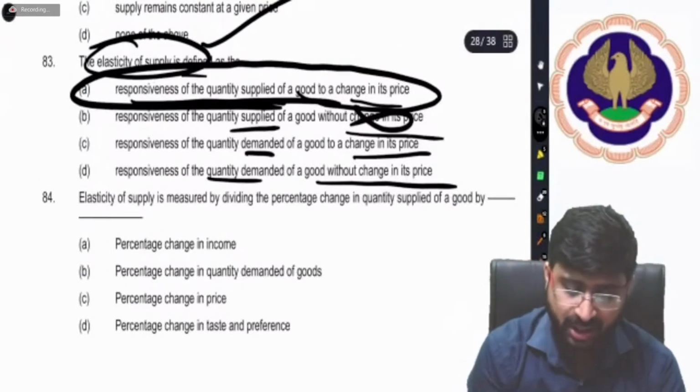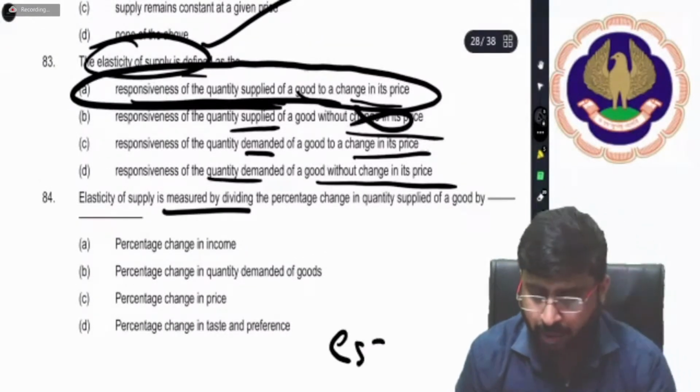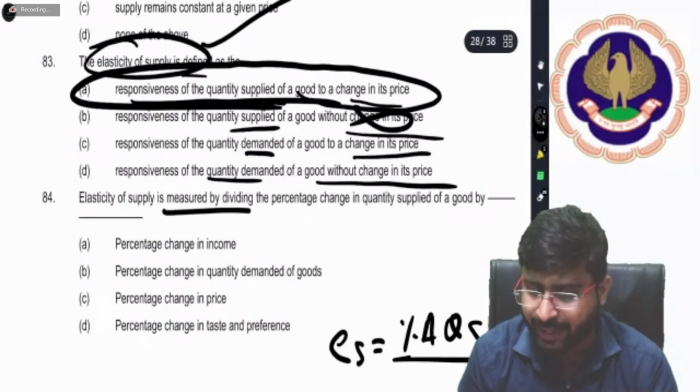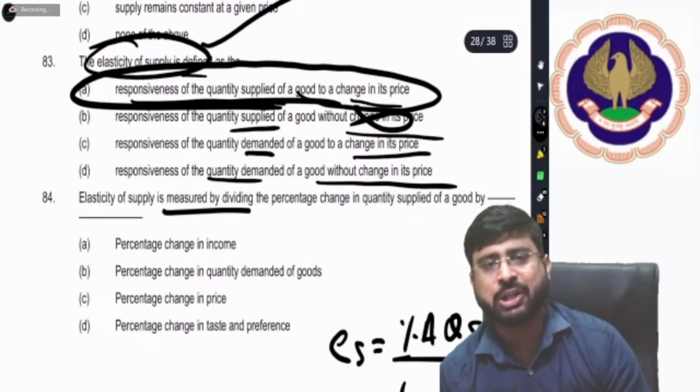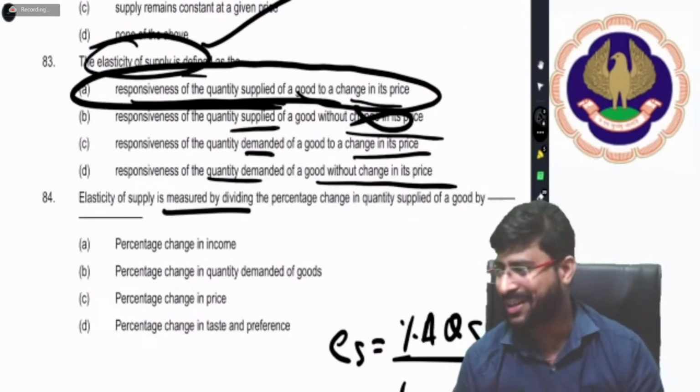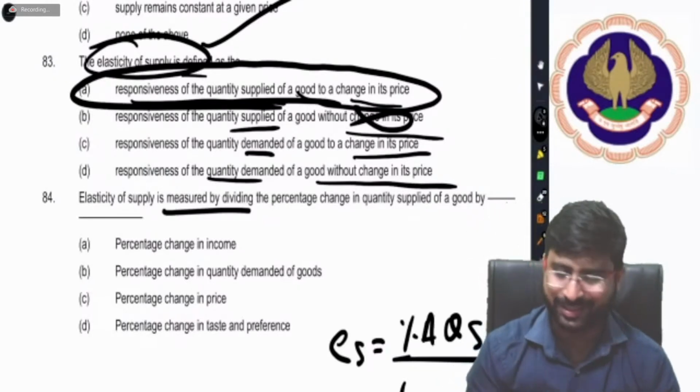Yeah, good question. Elasticity of supply is computed by how? By percentage change in quantity supplied by what? What will be the denominator if you want to compute elasticity of supply? Come on, guys, answer this one.